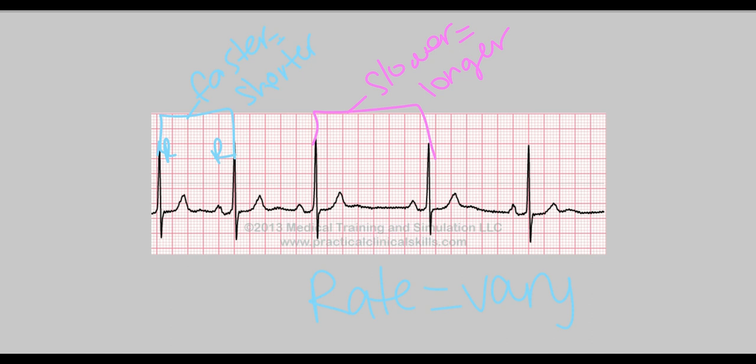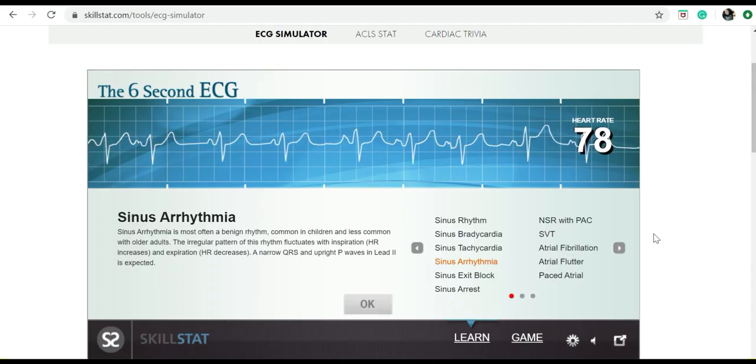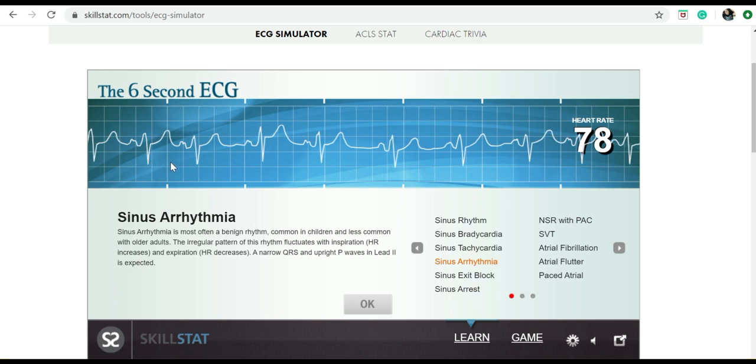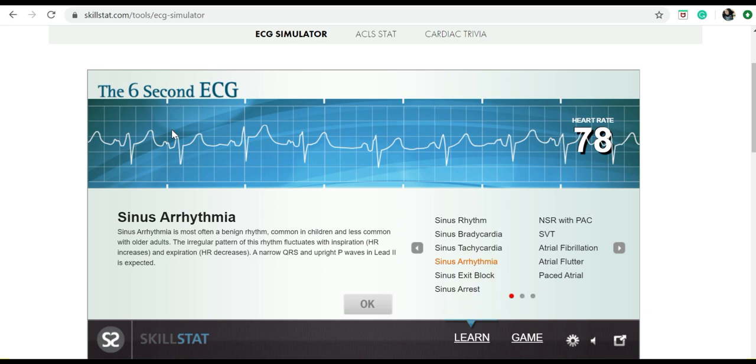Here the rate may be like 60 beats, and then here the heart rate may be 70. So it's constantly changing. This is sinus arrhythmia on an EKG, and as you can see, in some areas the rhythm is going faster than other areas.